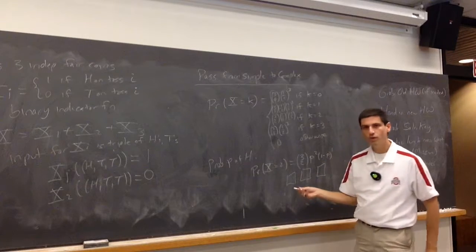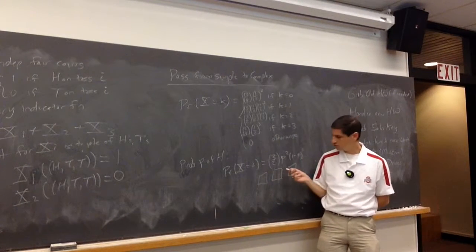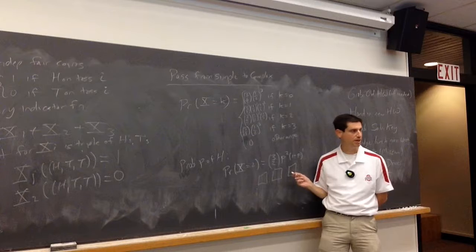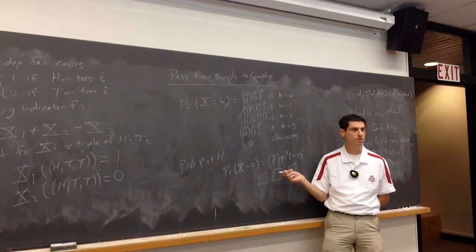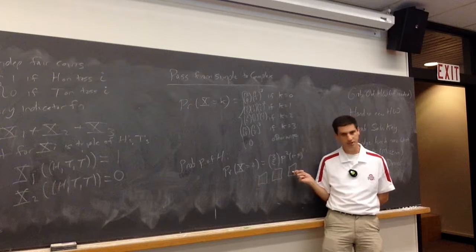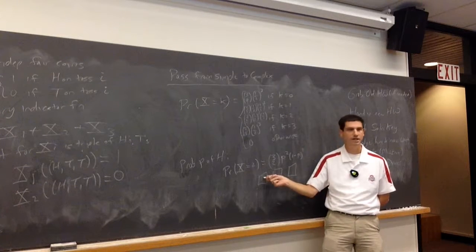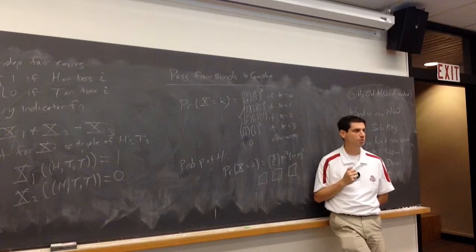What's going on is we have 3 possibilities. We have to choose 2 out of the 3 to be a head. Once we choose these to be a head, the probability we get a head in each one is p, so we get p times p. And for the remaining one, it has to be a tail, which happens with probability 1 minus p.